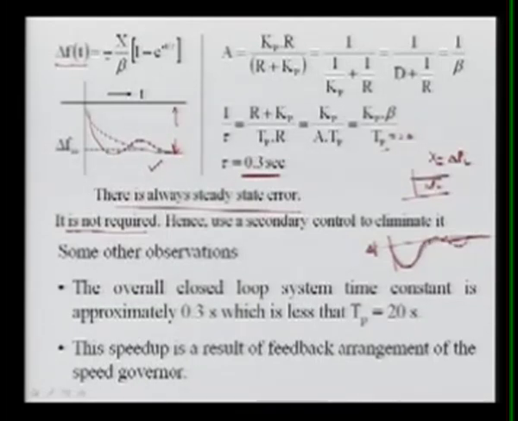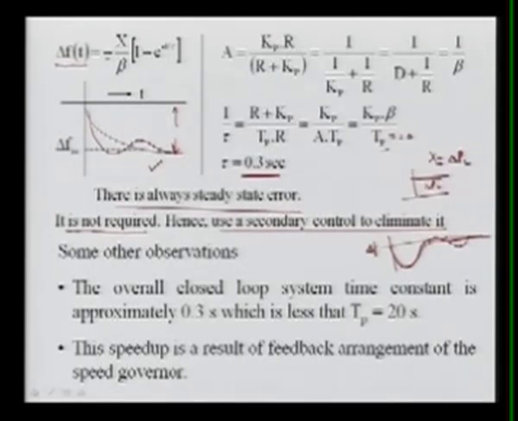Hence, the use of secondary control is required to eliminate it, and we will see the secondary control loops. The loop which we discussed so far is the primary ALFC loop, that is, the automatic load frequency control loop.